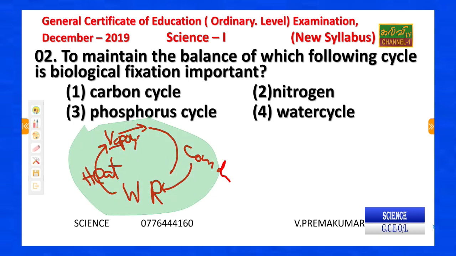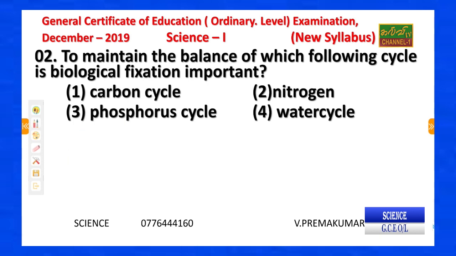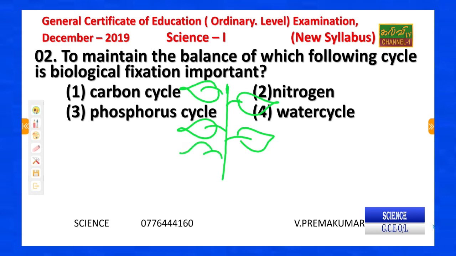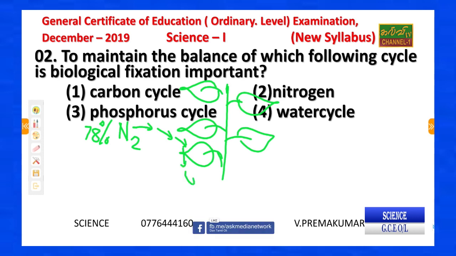But here nitrogen fixation is a very important one. Certain kinds of plants, we call the leguminous family plants, are able to convert the 78% nitrogen gas in our atmosphere. The nitrogen gas is absorbed by the root system.